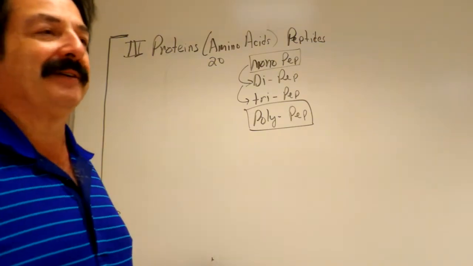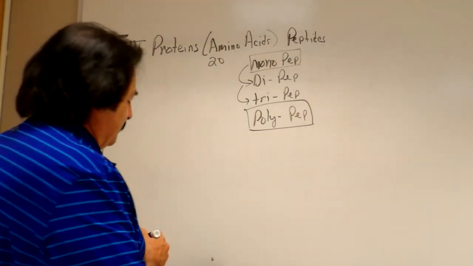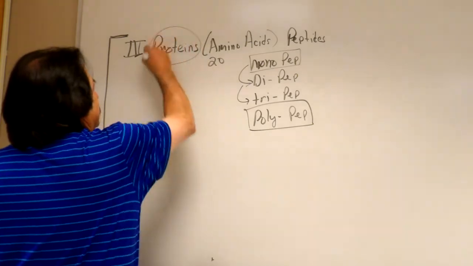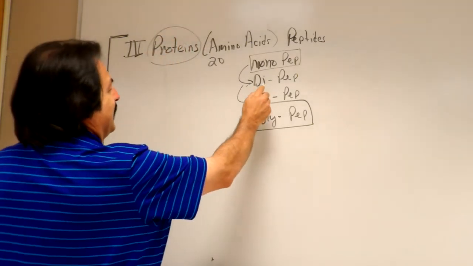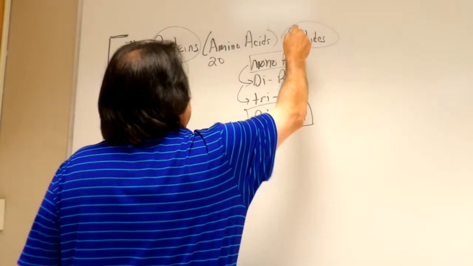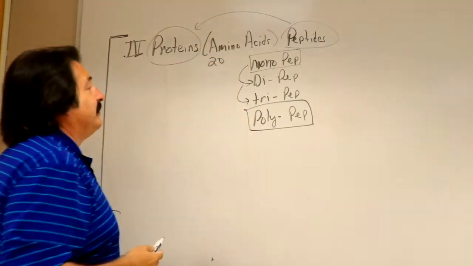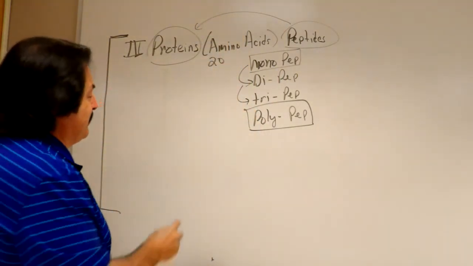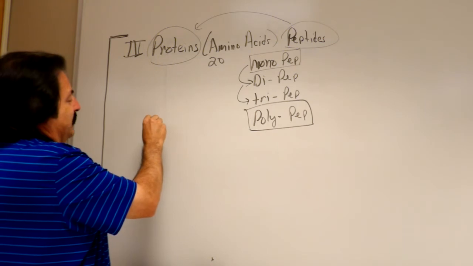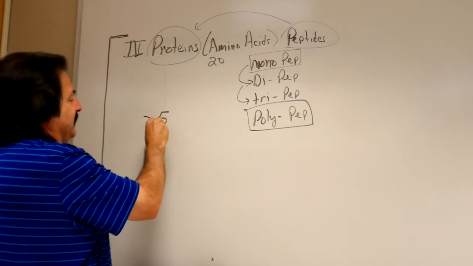peptides strung together. Since this is talking about proteins, how many peptides does it take to have a protein? You need to have more than 50.